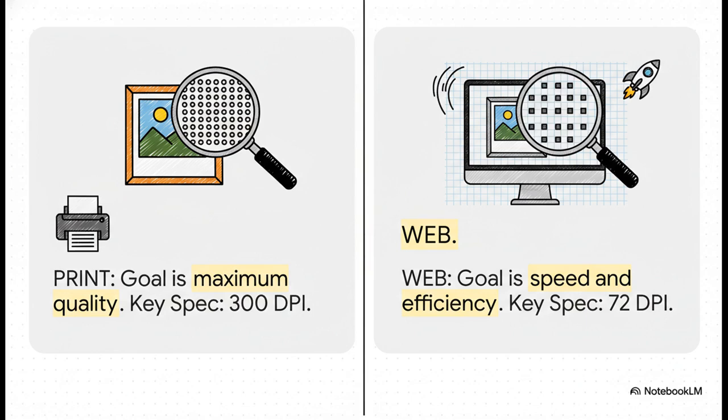You need a super high resolution, we're talking 300 dots per inch, or DPI, to get a really sharp, detailed image on paper. But for the web, it's all about speed. A giant file will slow a website down to a crawl, so the standard is way, way lower, just 72 DPI. See, screens can only show so many pixels, so any extra data is just, well, it's wasted. It just slows everything down for zero visual benefit.